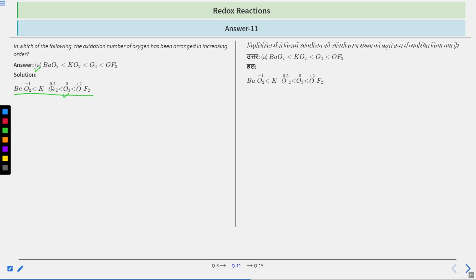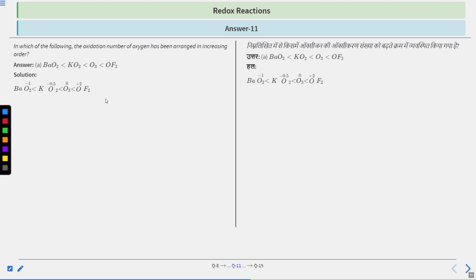In KO2, oxygen has -0.5, or you can say -1/2 fractional oxidation number. And in BaO2 the oxygen has -1 oxidation number. So we have arranged this in the order: highest in OF2, then 0 in O3, then -0.5, and then -1 in BaO2. So this is the correct order, and thus option A is the correct answer.